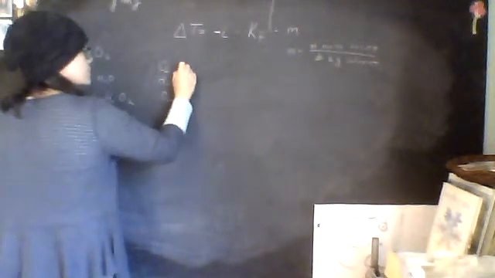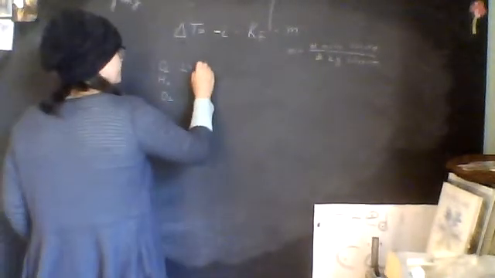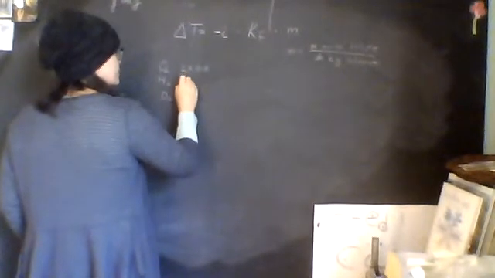We need the atomic mass units. We need to figure out the weight of a mole of C2H6O2. Oxygen is 16.0. Carbon is 12.0. Hydrogen is 1.01.